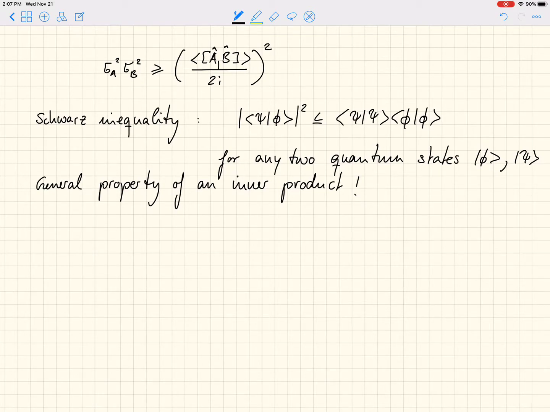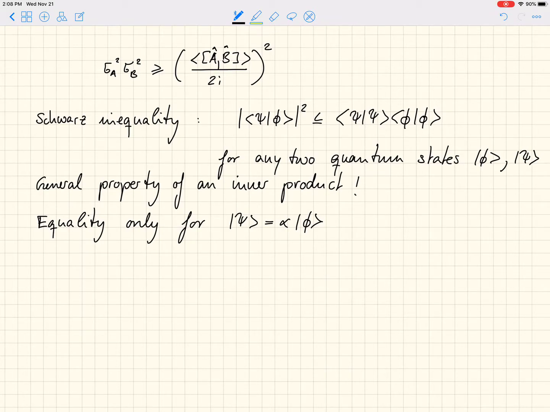Also note that you get the strict equality in this equation only for the case where phi and psi are simply related by a scalar factor, so when they're actually not independent of each other.